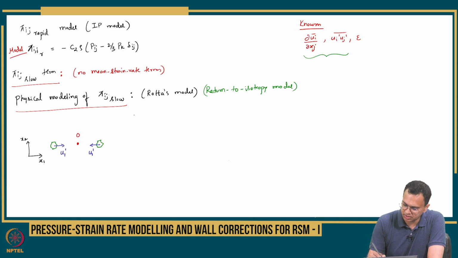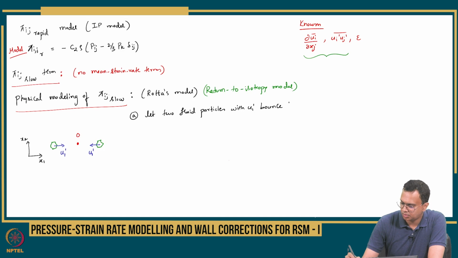The first thing I would like to argue is that two fluid particles with u1 prime bounce into each other at point O.